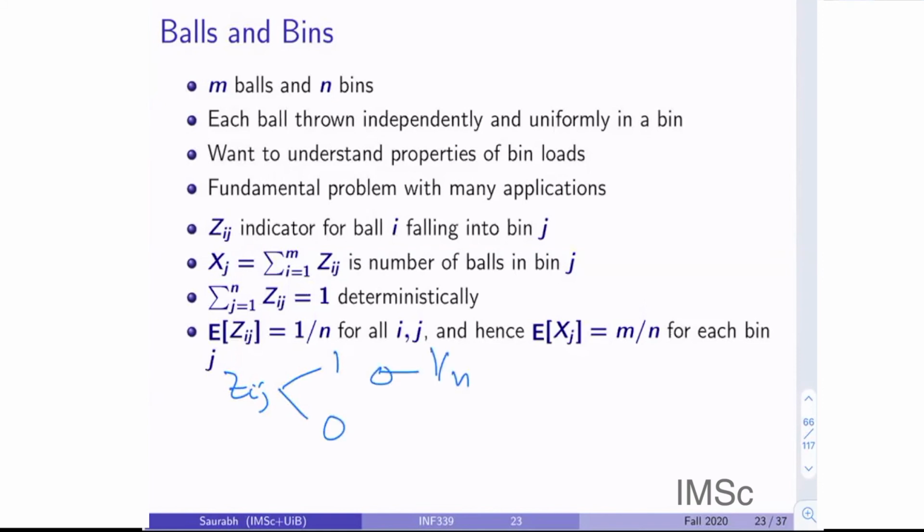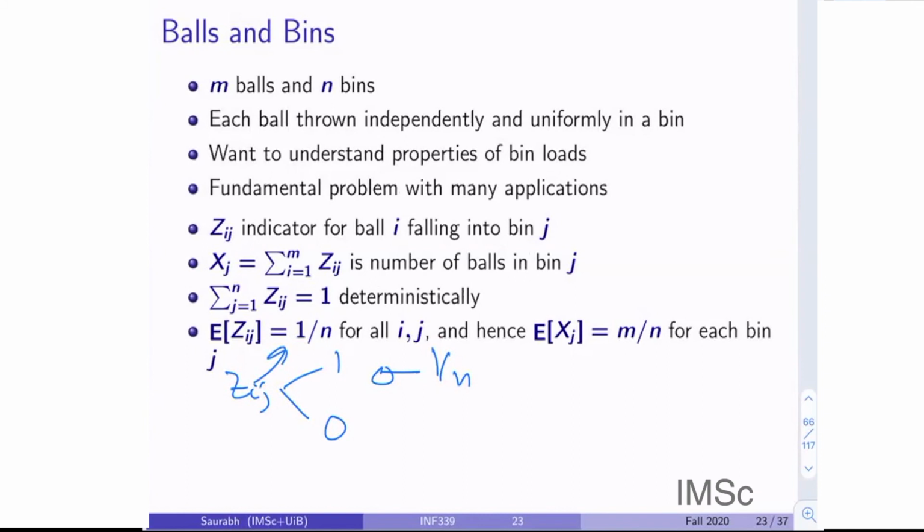So expectation of Zij is 1 by n for all i, j. And what is the expectation of Xj? It is roughly m over n, because you sum over m objects, each of them 1 by n.